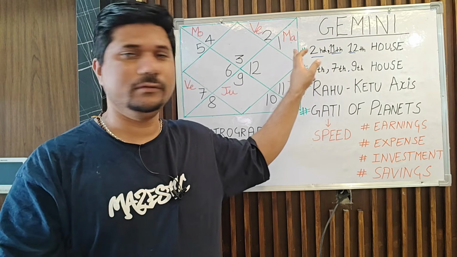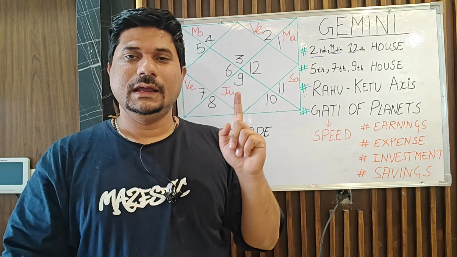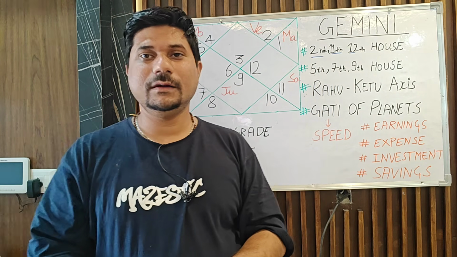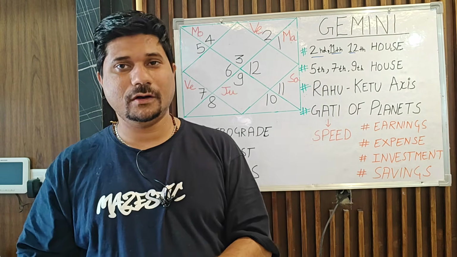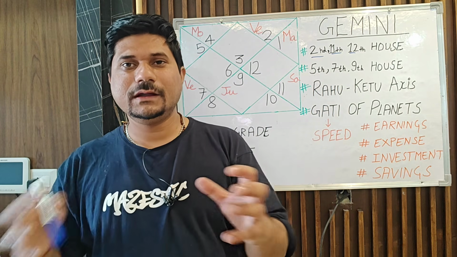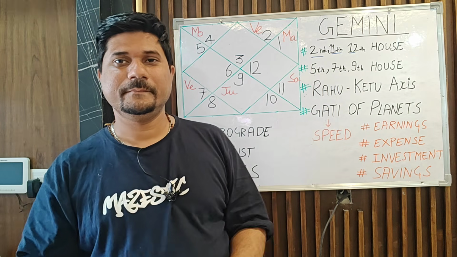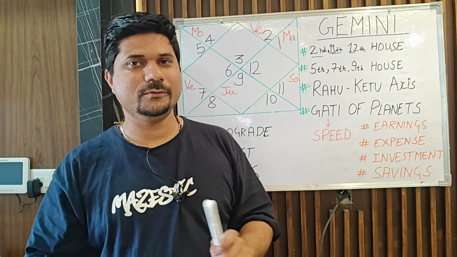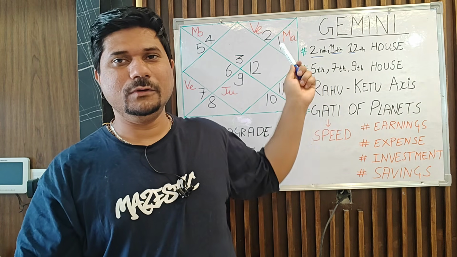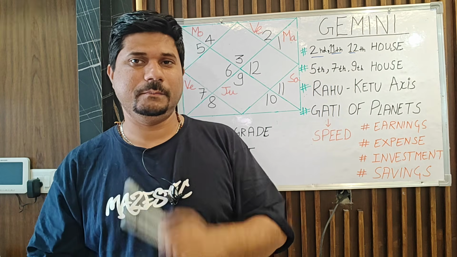That is also determined using the 11th house. It also represents your income sources, like whether you have the capacity to have more than one income stream in your life or not, or what kind of income sources are present in my life. That is also determined using the 11th house. So this is one of the most important houses, and Mars is the ruler. So Mars is a very important planet for you people, okay?